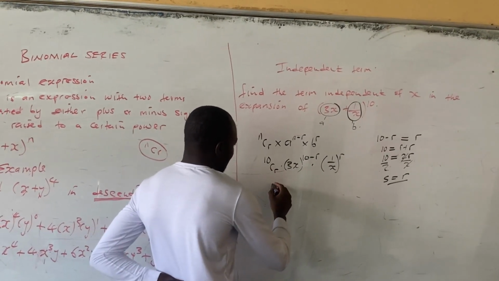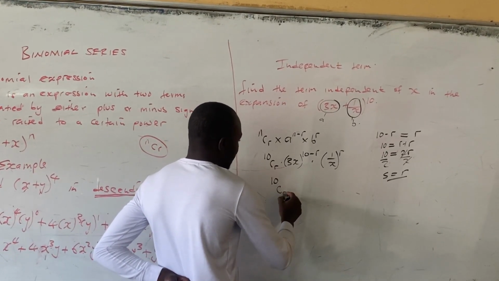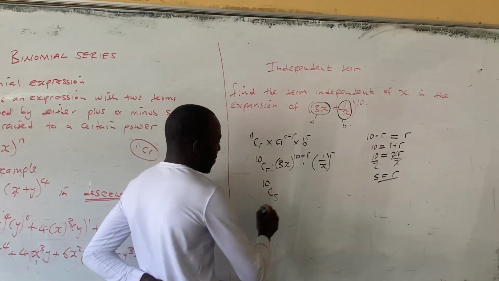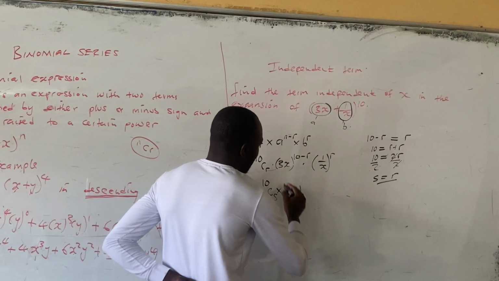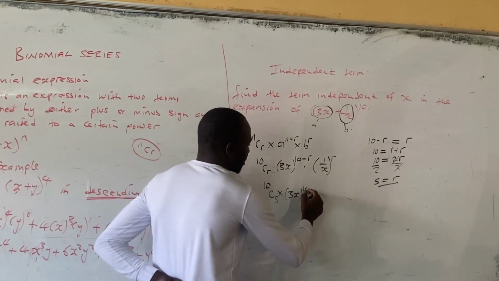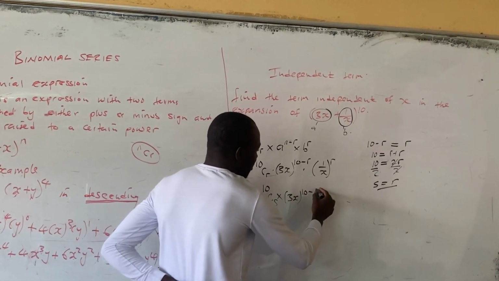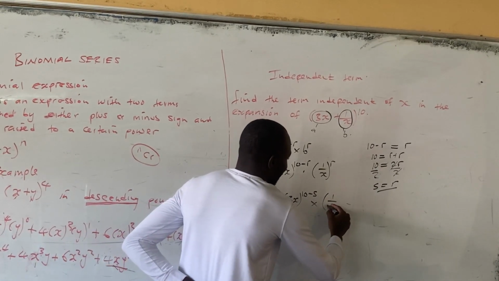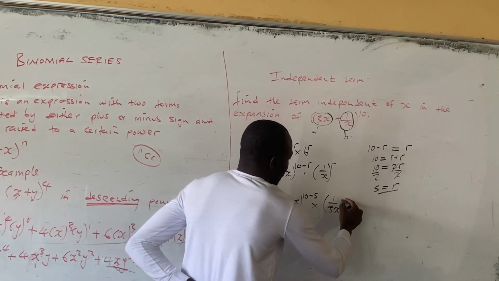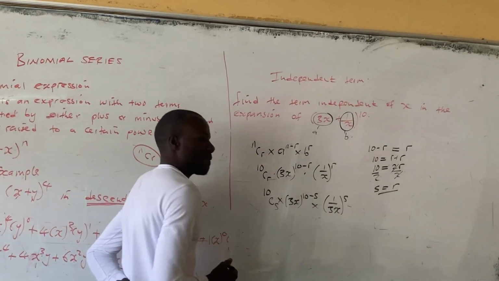So this is 10 combined 5, times 3x raised to the power 10 minus R, which is 5, times 1 over x to the power 5.